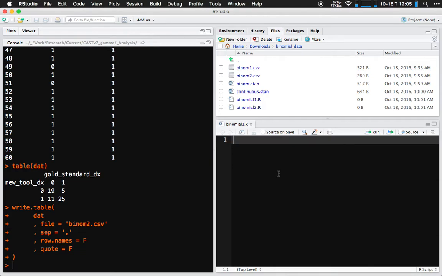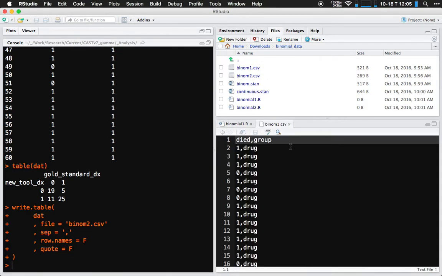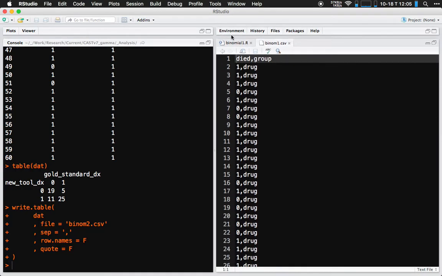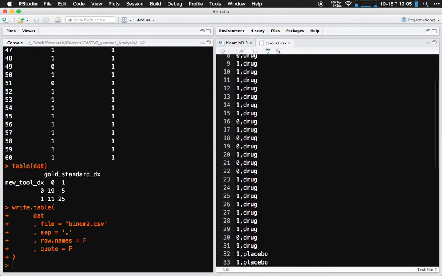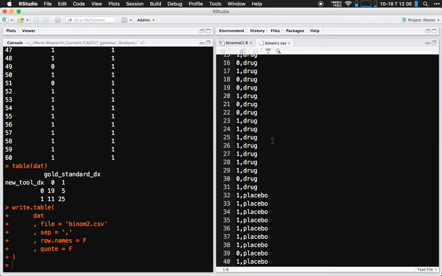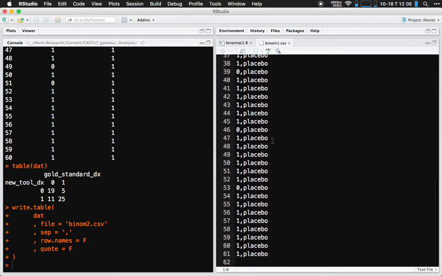Before we get into talking about this data, let me show you an example of it. I'll say view file. So here's an example of binomial data. You've got a column called died. Presumably each row is a person, and this column encodes whether they died or not during the experiment. This column is group. I see drug for 30 people, and placebo for a bunch of people.